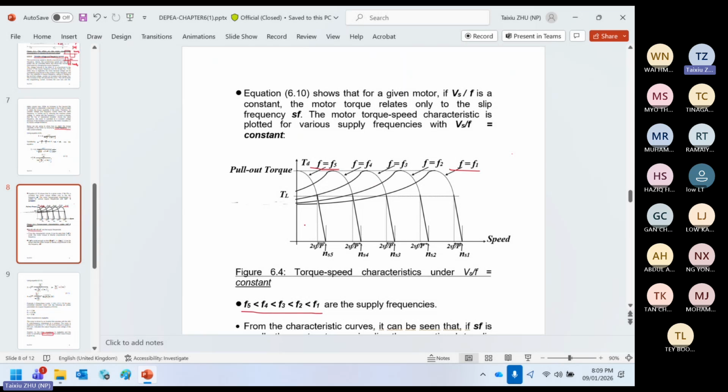That means the motor will run very slowly here. Now you see the speed? If my frequency is the lowest, F5, but if my frequency is here, F1, the motor will run here. You can tell obviously the motor speed is faster than the lower speed, right? Now assume the load is constant. You see here, I change the frequency, so actually I can change the speed, isn't it? Yeah.